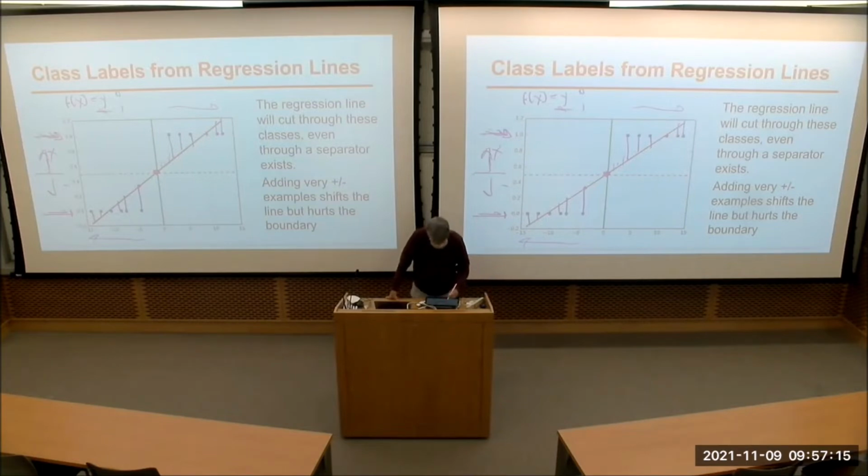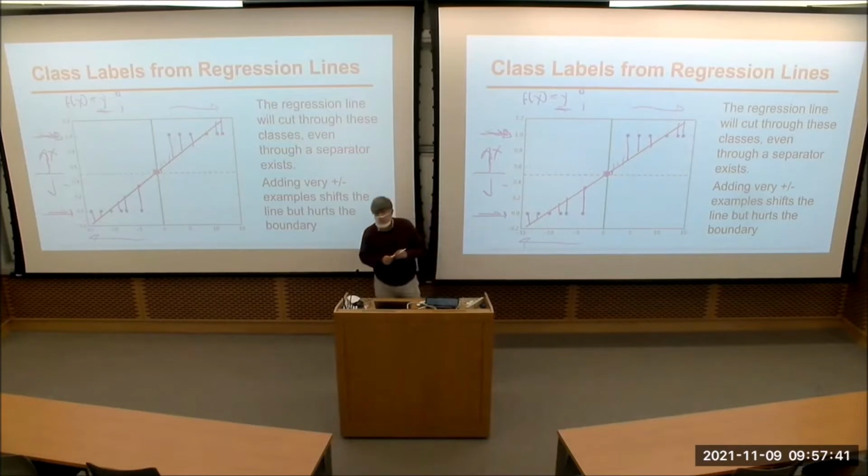At x equals 0, it looks like it's a tie. That's fine. But at x equals 0.0001, our regression line is going to give a value greater than a half, like 0.5001, and we will declare it to be positive.